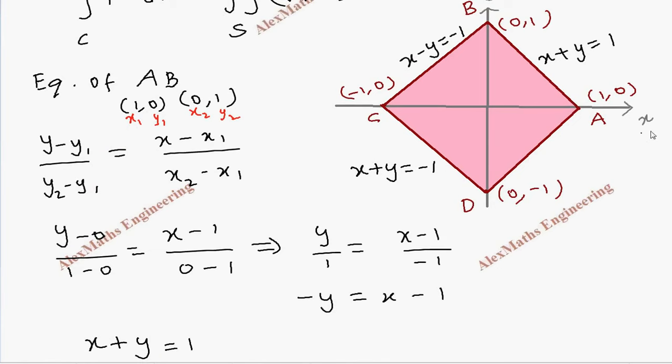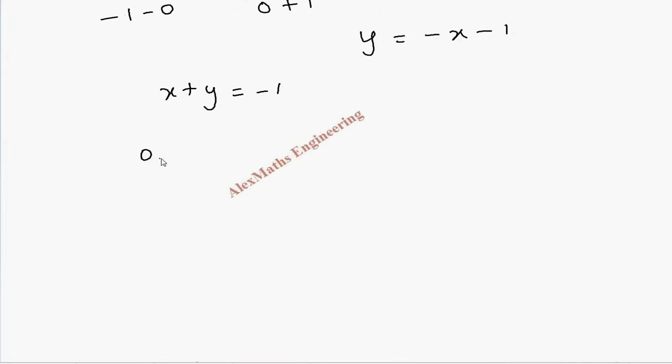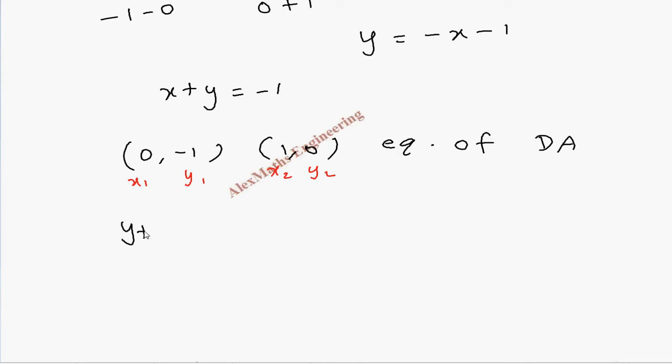And the last one is DA, (0, -1) and (1, 0). That is for the equation of DA. As usual, x1, y1, x2, y2. So (y minus y1) by (y2 minus y1) equal to (x minus x1) by (x2 minus x1).